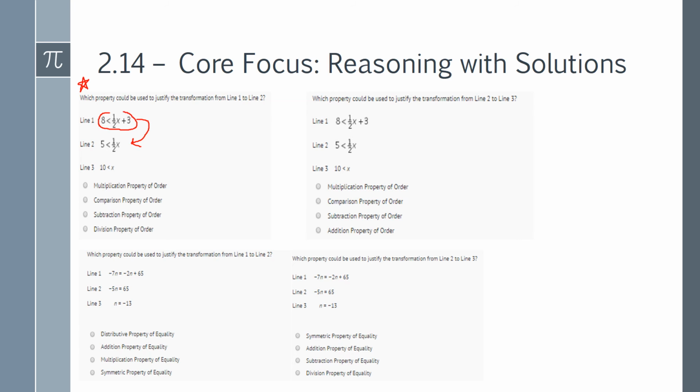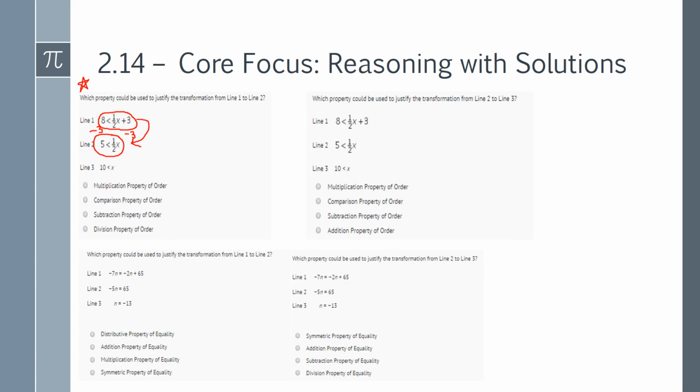So the first thing you really want to do is just ask yourself, don't worry about why can I do it? I want you to ask the question of what happened? I notice my half x is the same, but I notice my plus 3 went away. And my left side is less by 3. So I must have subtracted 3 from both sides.